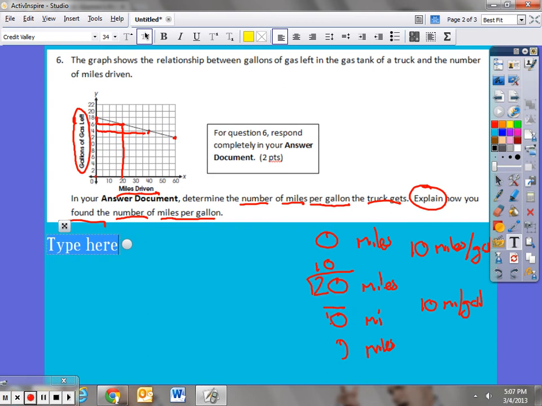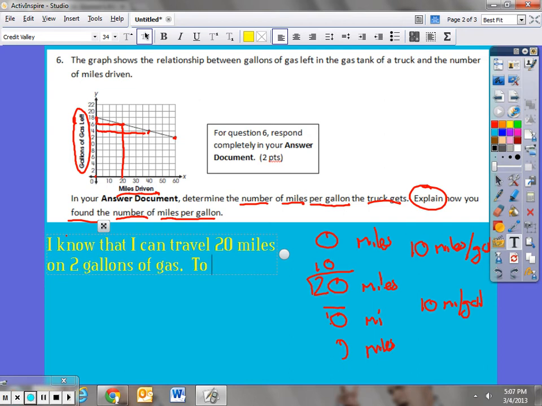Okay, so I know that I can travel 20 miles on 2 gallons of gas. To find how many miles I get per gallon, I am finding the unit rate.